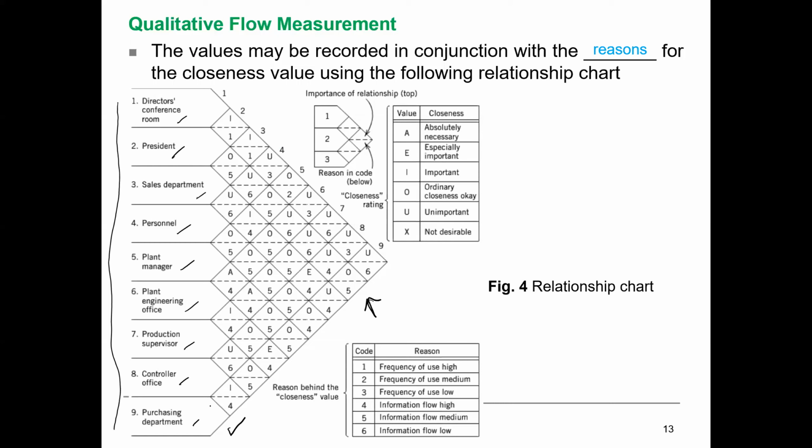And if we are trying to define the relationship between them, or whether or not they should be located close to each other, using this qualitative way of measure, we can have this format in which we have the diamond divided in two, and we can locate at the top of the diamond the importance of relationship, and then at the bottom we can state the reason.